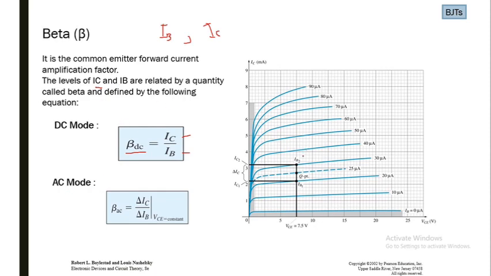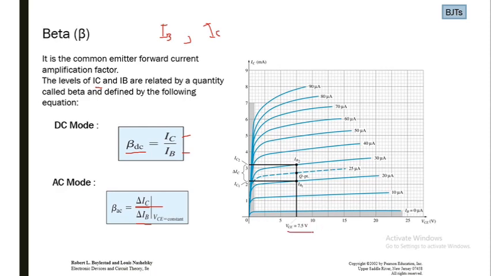In AC mode, when we apply an AC signal on top of this DC biasing, the current level of IC will fluctuate, as well as IB. For that case, we can define beta AC as the change in IC over the change in IB, that is, delta IC over delta IB, for a certain fixed VCE. In this graph, it is shown how we can find beta AC.